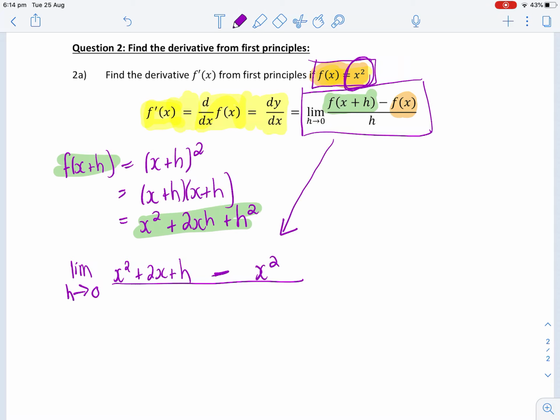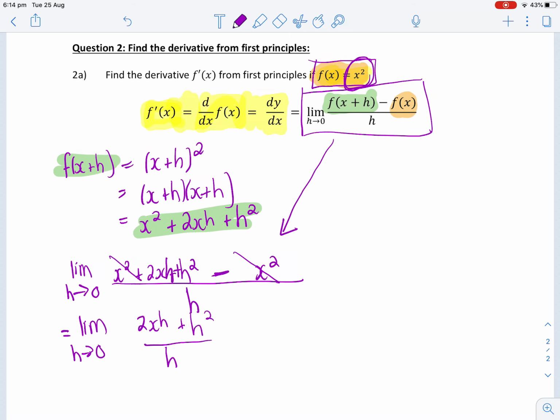So I'm substituting into that formula. X squared minus x squared is 0. So now I have the limit h approaching 0 of 2xh plus h squared, all over h.